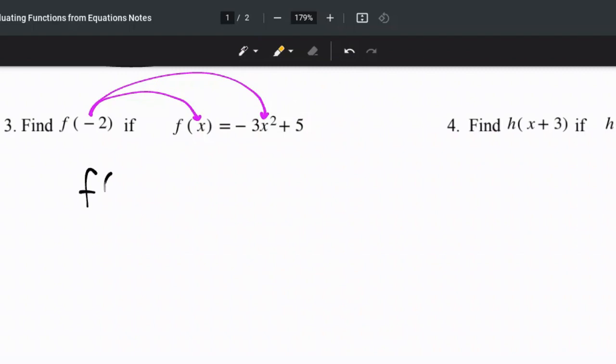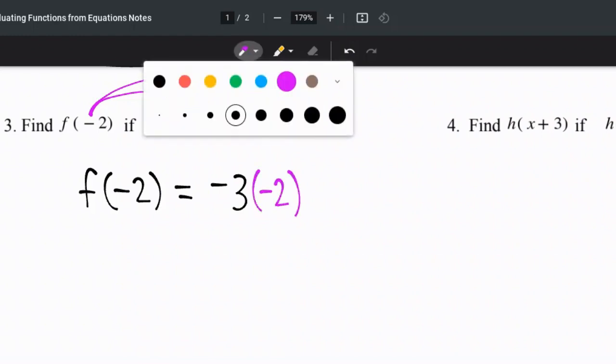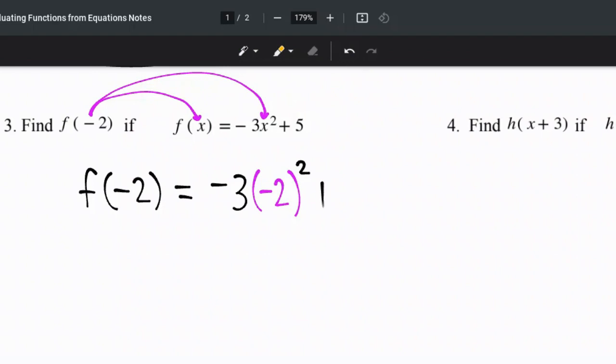So f of negative 2 equals negative 3, and then we're replacing the x with negative 2 squared plus 5. Type this entire thing into your calculator the way that you see it with the parentheses, and we'll get a number. We end up getting that f of negative 2 is negative 7.